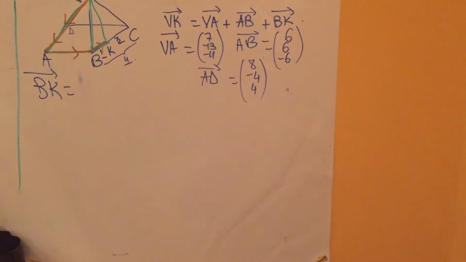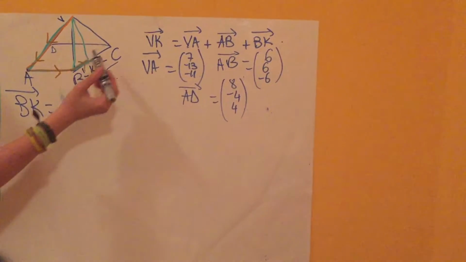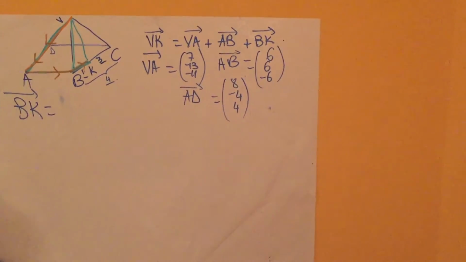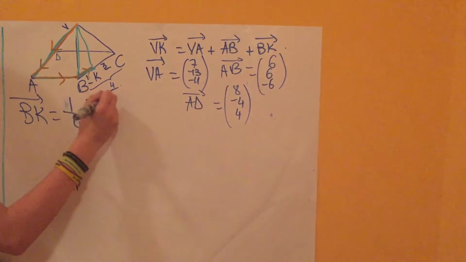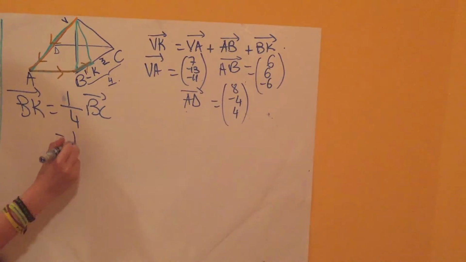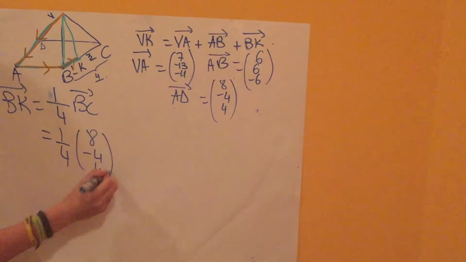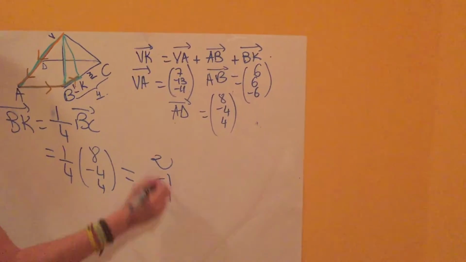So one important thing to note here is that vector AD is equal to vector BC and vector AB is equal to vector DC. So we know that BK is a quarter of vector BC. Vector BC is as well vector AD. So it is equal to 1/4 of 8, minus 4, 4, which is equal to 2, minus 1, 1.